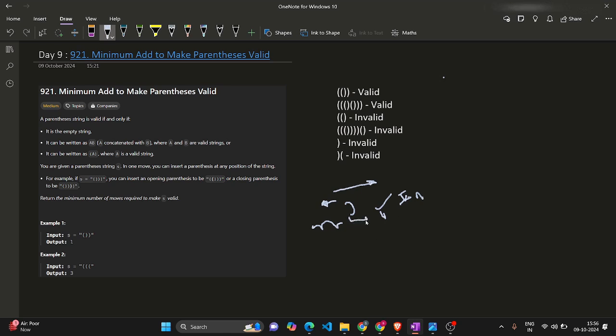So for that case we need to put one opening on the left of it, so our count will be increased by one, and then we can again start iterating.